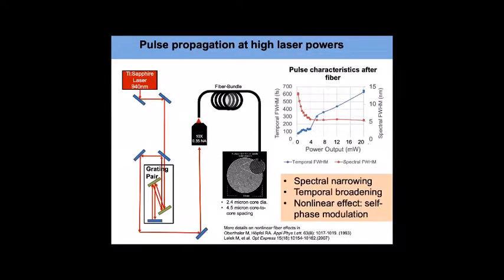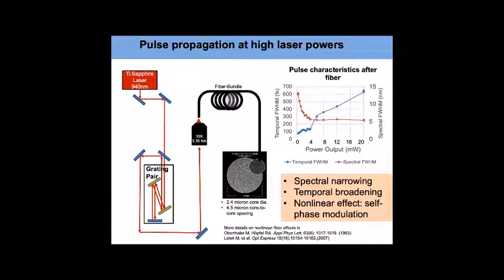Okay, so this is one way that you can go about doing fiber coupled microscopy: placing this grating pair and setting it up so that you have the right spacing and it can almost balance out the dispersion that you see with your optical fiber. So that would seem to work, but it turns out as you try to increase your power or your peak intensity, you start to get into nonlinear effects.